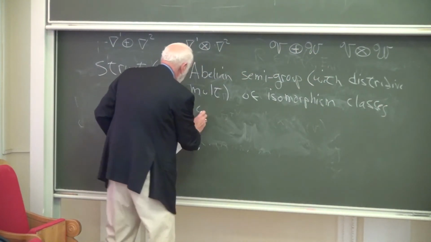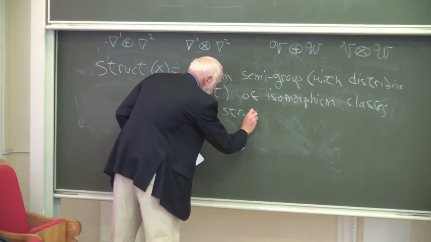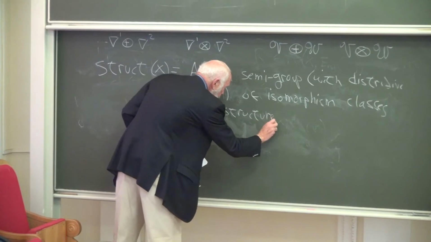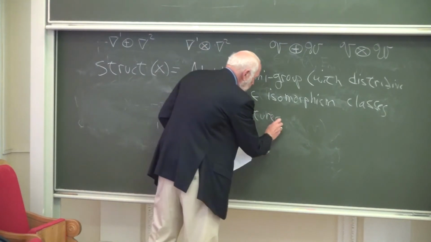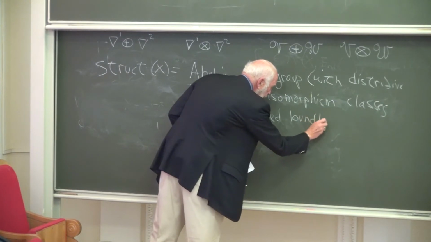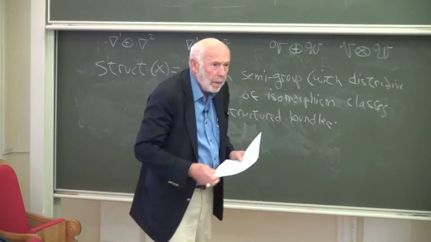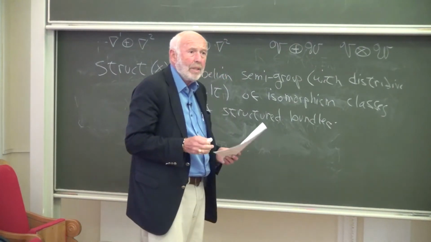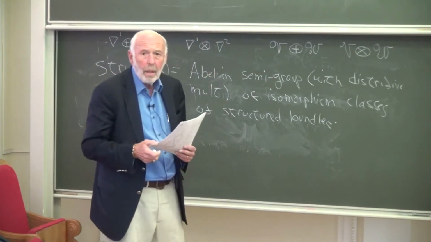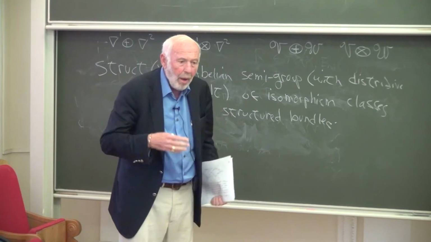Of structured bundles. So if you read Atiyah's book on K-theory, it talks about Vect X. The same thing. We're copying his notation. So you remember, you make Vect X, which is the isomorphism classes of vector bundles.